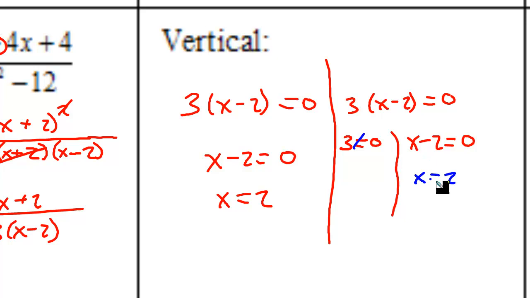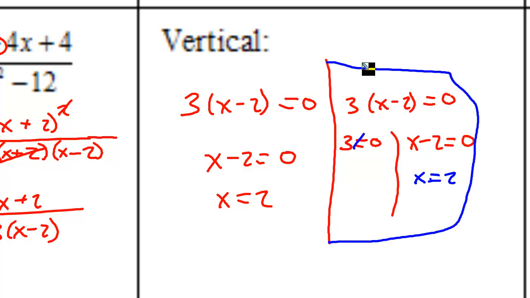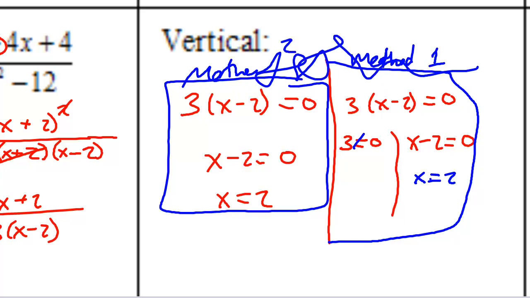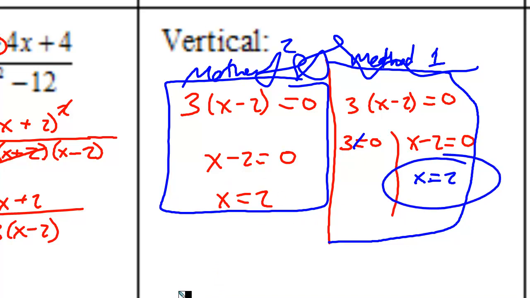Here, if you add 2 to both sides, you get x is 2. These are just two different methods. We'll call this method 1, and we'll call this method 2. That's method 1 because that's how I did it in the notes. So we have a vertical asymptote at x equals 2.